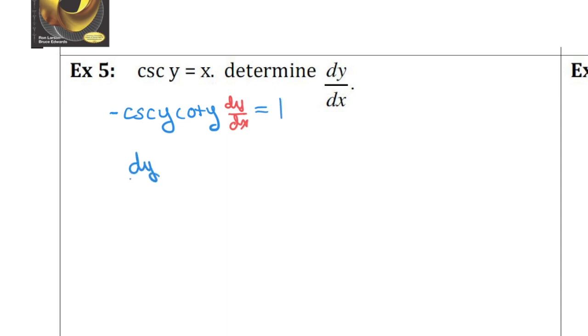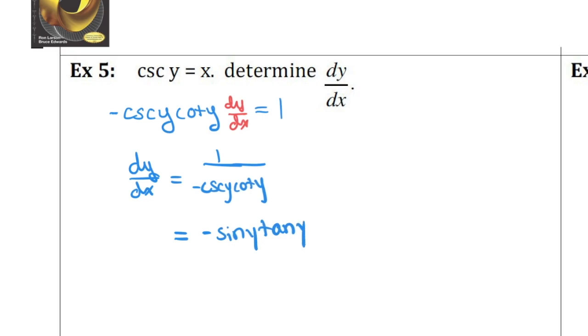Now if I solve for dy dx, I get 1 over negative cosecant y, cotangent y, and you guys are awesome algebra students. You would never, ever leave a trig function as 1 over cosecant cotangent. You would rewrite this as negative sine of y and then tangent of y. All right, so this would be negative sine y, negative cotangent y.